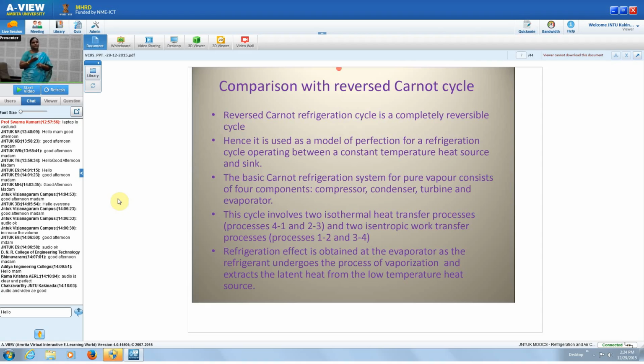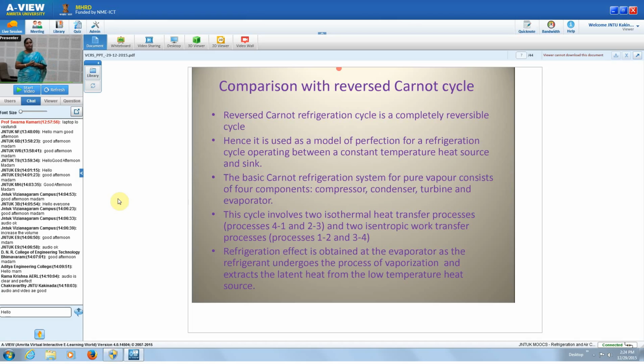In the vapor compression cycle, instead of the turbine, the expansion valve or capillary tube is used. The reversed Carnot cycle involves two isothermal heat transfer processes and two isentropic processes: isentropic compression and expansion in the compressor and turbine, and isothermal heat rejection in the condenser and also in the evaporator.